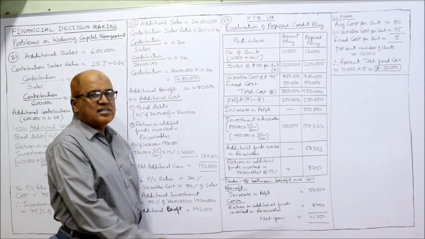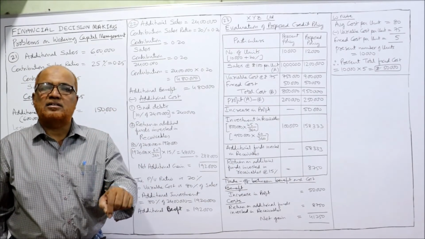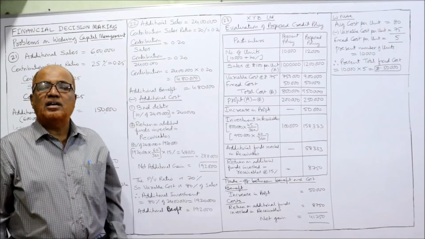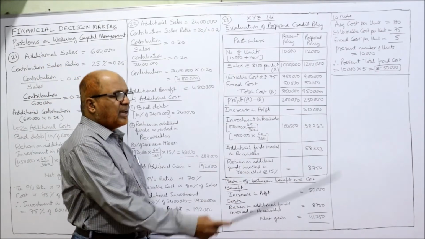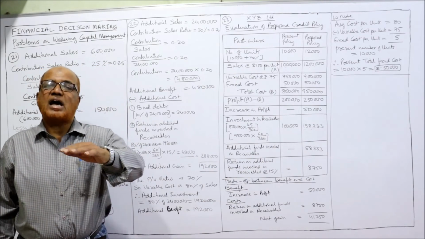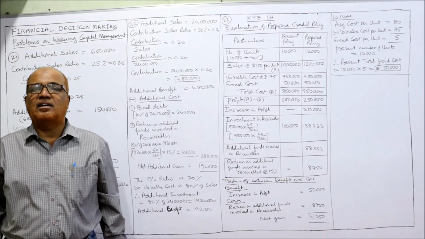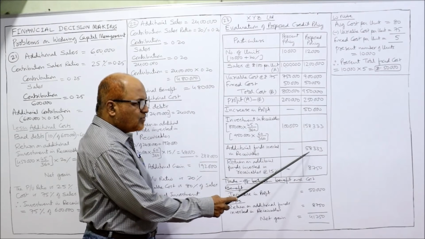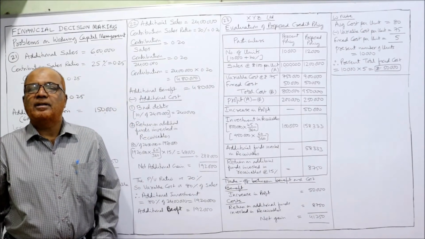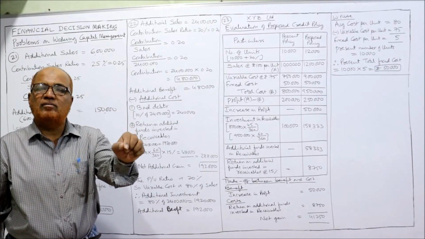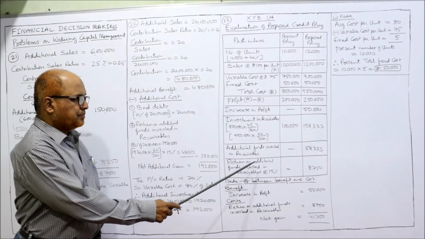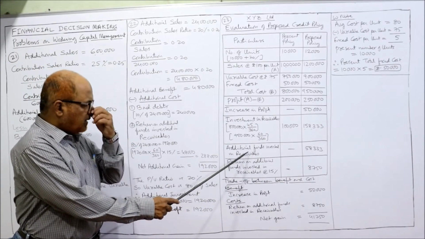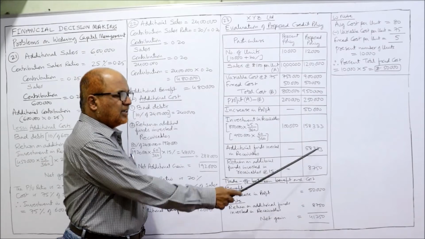This 1 lakh rupees is the investment in receivables at present, and in the future policy, the investment in receivables is coming to 1 lakh 58,333. So how much is the additional funds invested in receivables? 1,58,333 minus 1 lakh is 58,333. Right? Additional funds invested in receivables, 58,333.